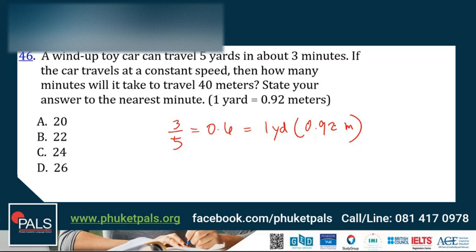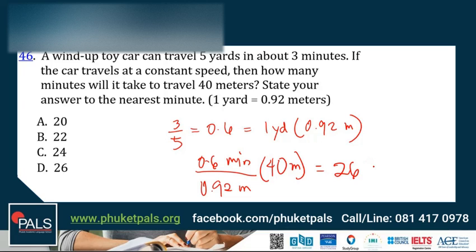And then multiply the ratio of 0.6 minute per 0.92 meters by 40 meters. The answer is 26 minutes. The answer is letter D.